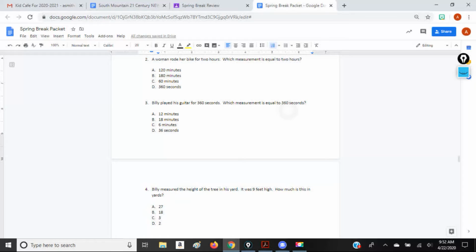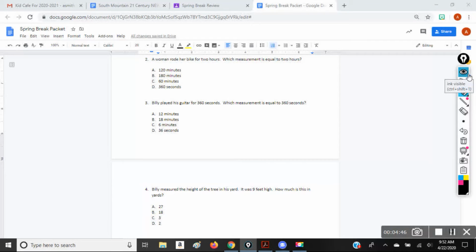So I'm going to do 2, 3, and 4. A woman rode her bike for 2 hours. Which measurement is equal to 2 hours? So we have 120 minutes, 180 minutes, 60 minutes, or 360 seconds. Well, seconds, this would not be enough seconds.